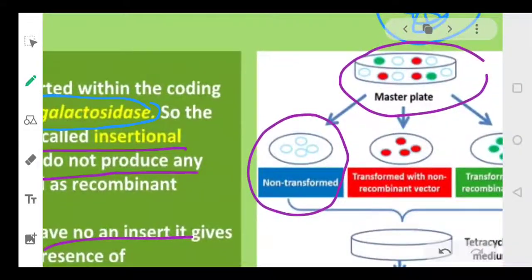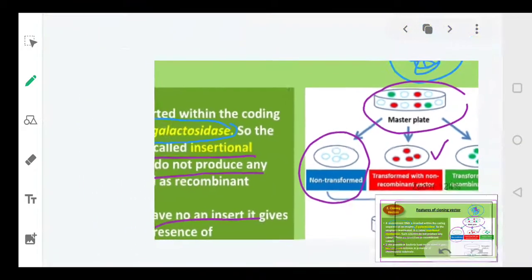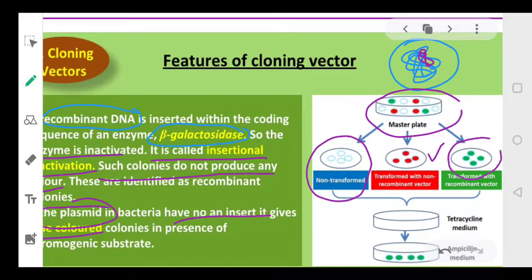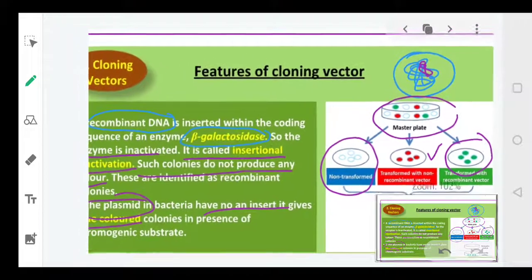In this case, these cells are transformed, but they do not contain any recombinant DNA, right? But these cells have changed color, or they are transparent, because the enzyme beta galactosidase is non-functional here. Clear? So from the color itself we can identify.